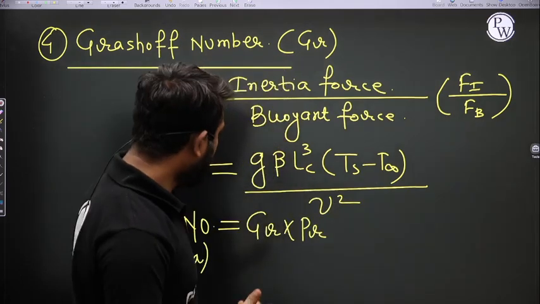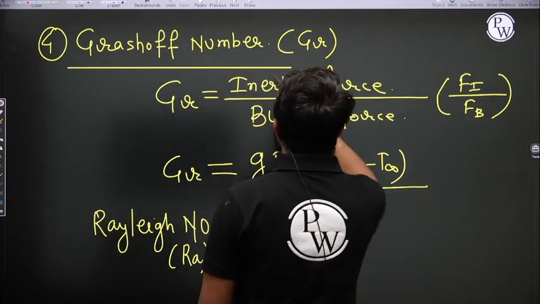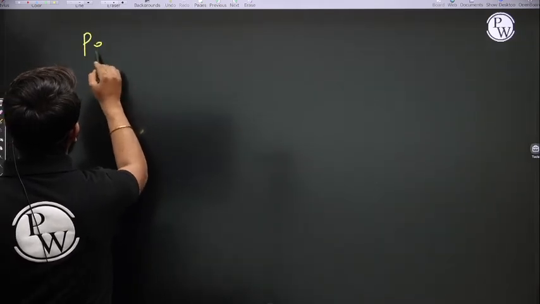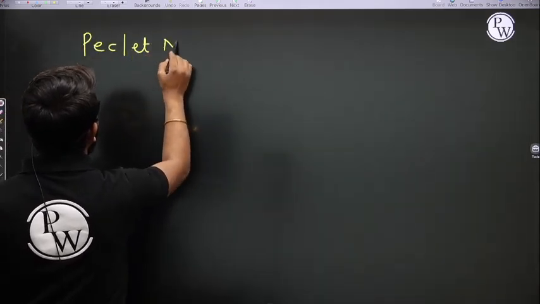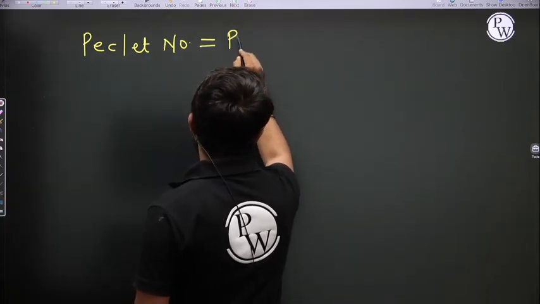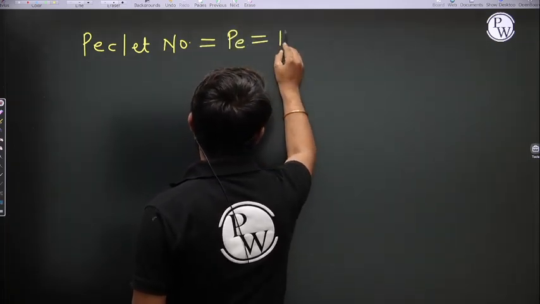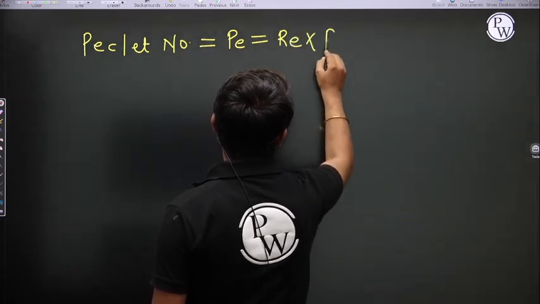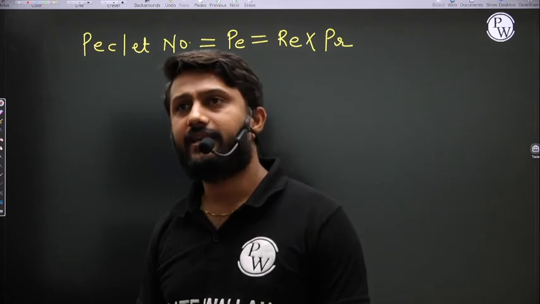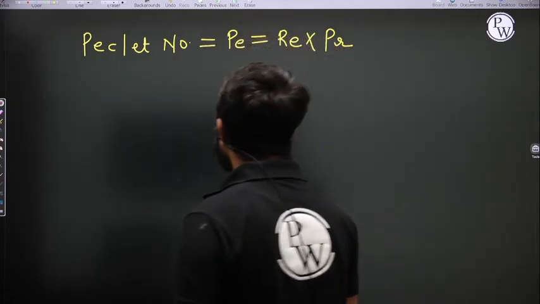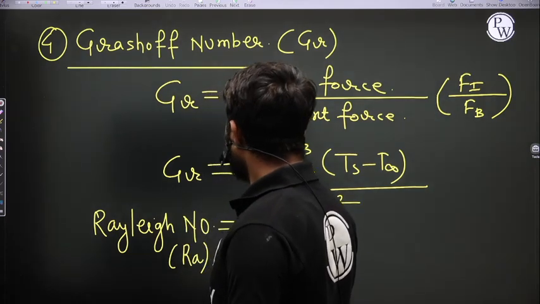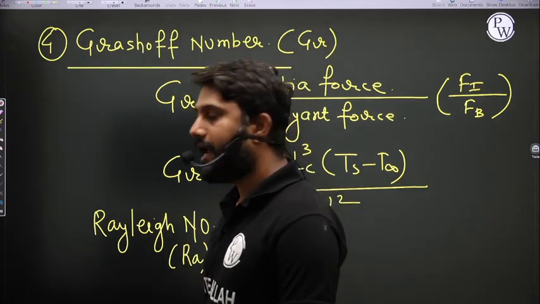There is one more number, that is the Peclet number. The Peclet number is the product of the Reynolds number and the Prandtl number, whereas the Rayleigh number is the product of the Grashof number and the Prandtl number.